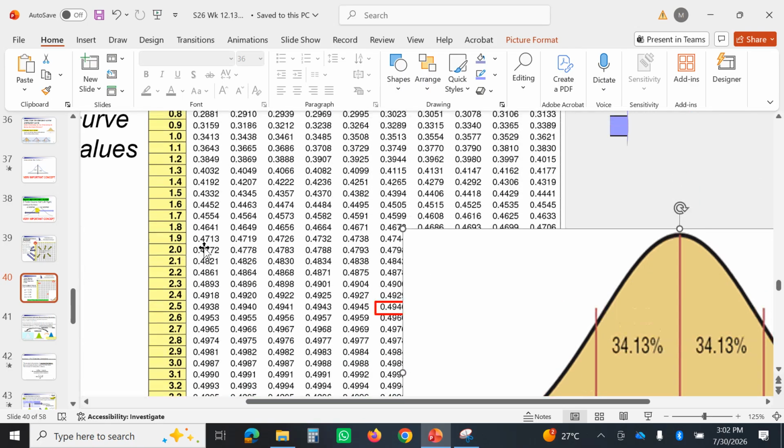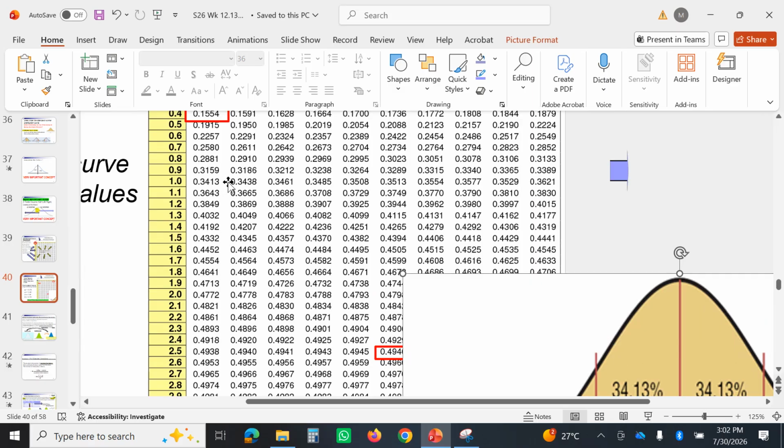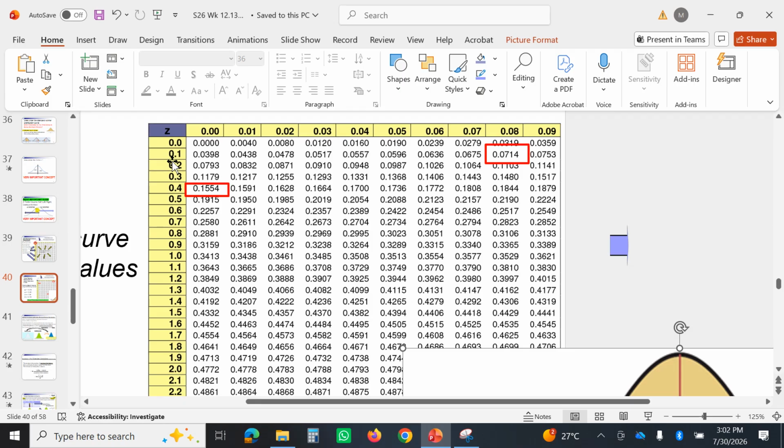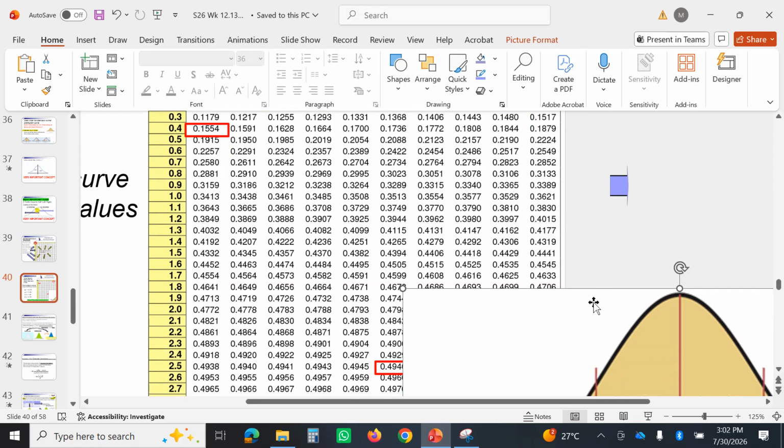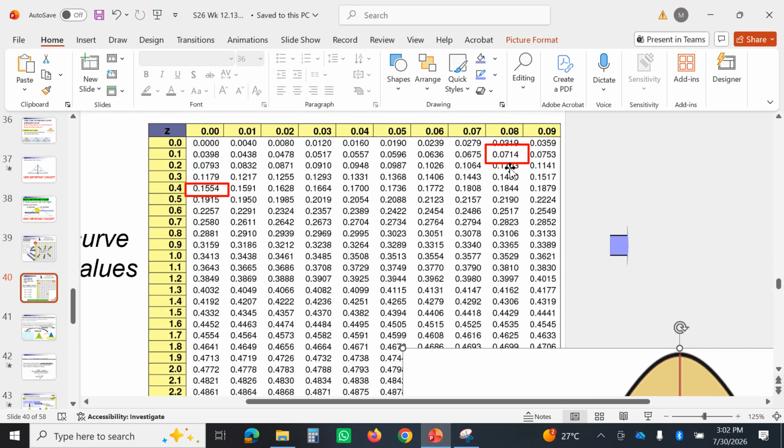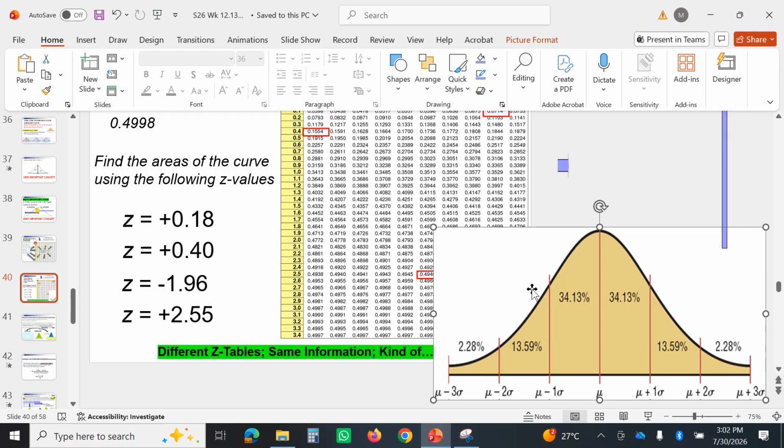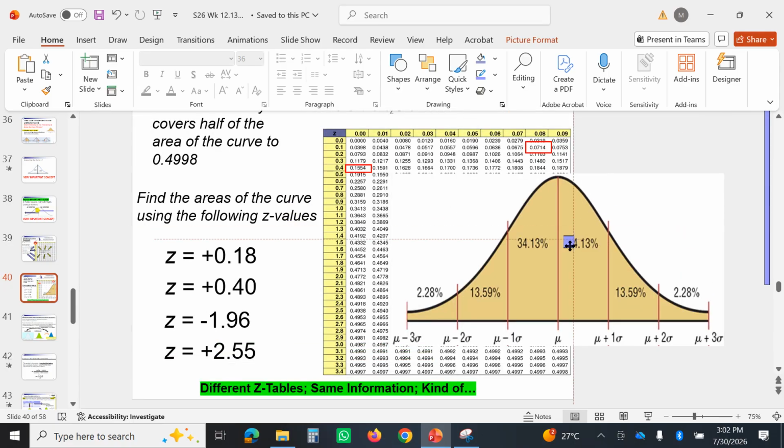Sorry, jumping around a lot. 0.18. So 0.1 is right here. Go across 0.11, 0.12, there is 0.18. So that percentage there that we looked at, what was that? 0.0714, 7.14%, right?